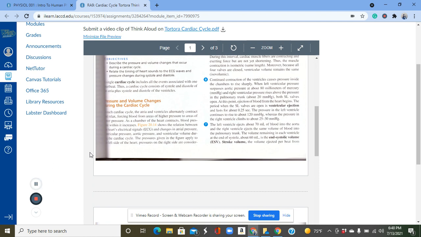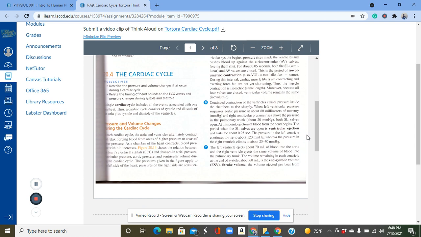Okay, so basically what it's trying to say is that with pressure changes at the end of a diastole, there is this small amount of extra blood that is contracted into the ventricles. This increases the ventricular pressure so that it's higher than it is in the atria, which causes some of the valves to close.